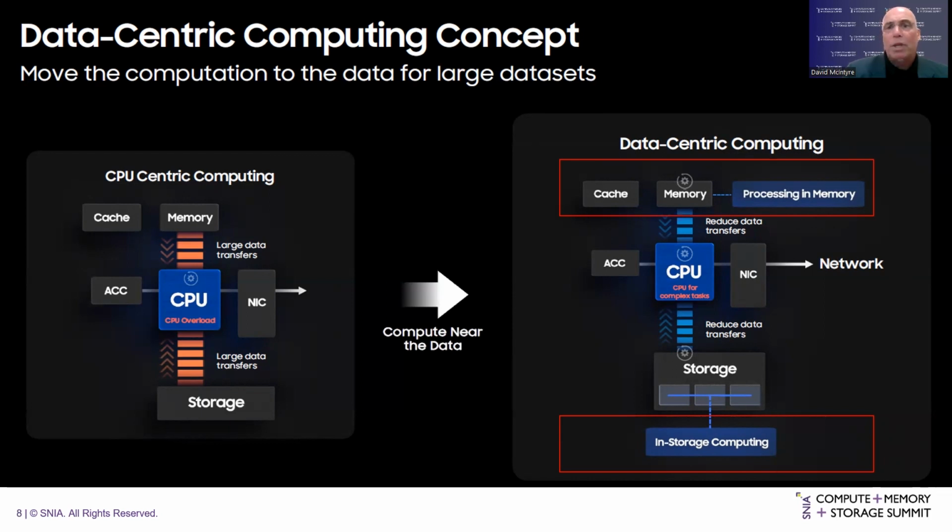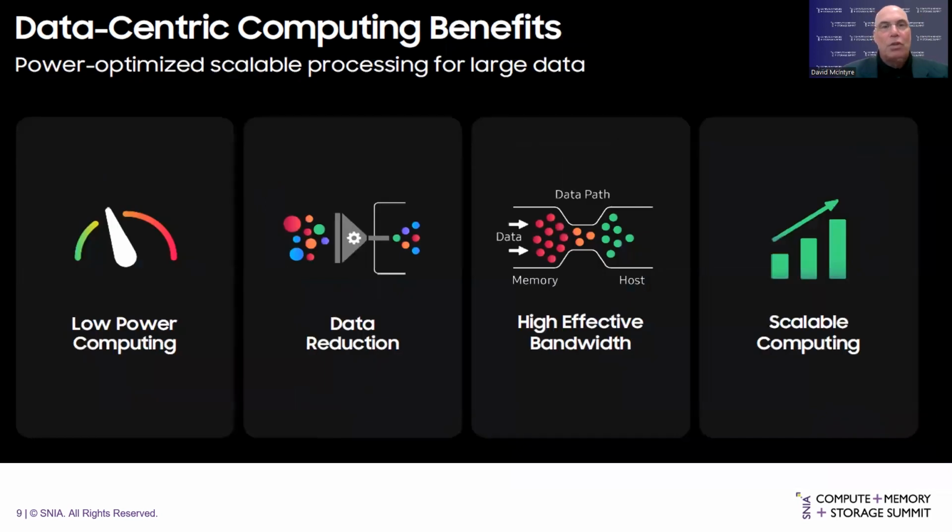And we're actually deploying distributed compute resources. And you could even argue a little bit of heterogeneous compute going on here as well, to tune our compute resources to benefit the applications themselves. So the takeaway benefits from this data-centric computing approach: lower power computing, because we're moving the data far less than we were in the more traditional architecture.